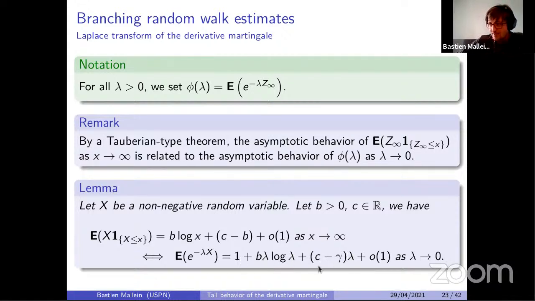So having the first three terms of the asymptotic development of the Laplace transform gives us the first two elements of the asymptotic development of this expectation.